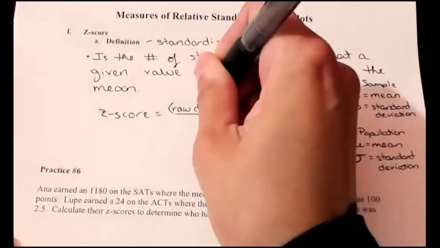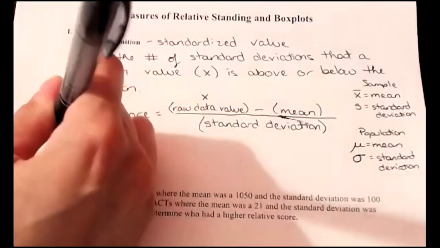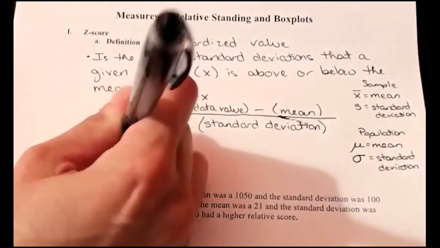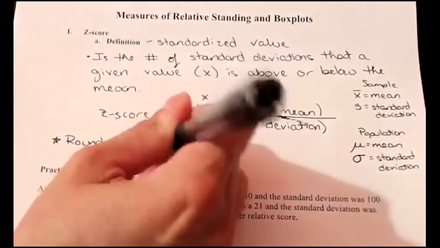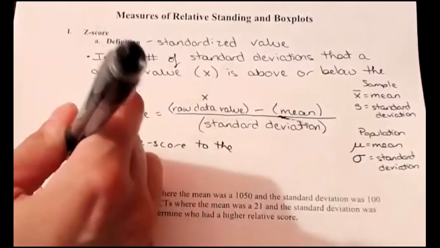No matter what, your raw data value is your X. And then your z-score is obviously Z. Another thing to note for the z-score: round all z-scores to the hundredths place.